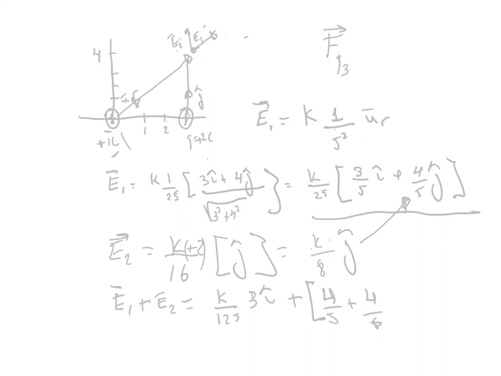So let me put the K here also. Let me see if I'm making a mistake. K over 25 times 5 is also 125 here, and 4 over 8, and now, yes, in the j direction: 4 over 125 plus 4 plus 1 over 8, times K. So this is the total electrical field.